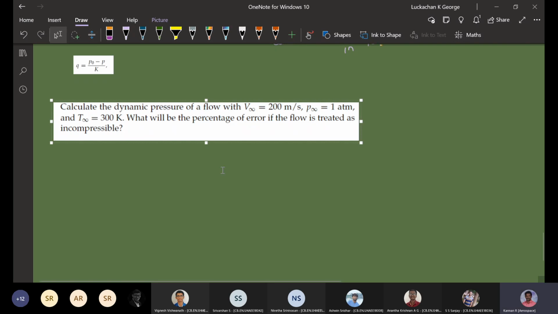Do you want me to do it, or can you do that? Yes, sir, we'll do it. Find the Mach number, find the Q, from that find K, and substitute it in the Q infinity relation.